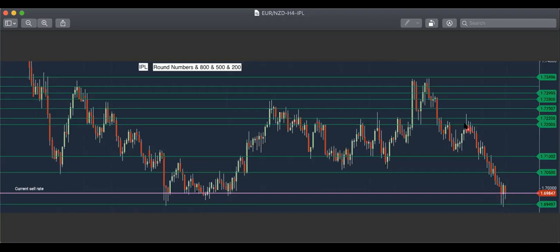So if you were selling the market down, you could take the profit exactly here, and you can see the price is coming down, so you can easily set one of your target profits here, and you can put the ultimate target profit here, which was retested before here. So this level is getting hit. That's why I'm saying the IPL can be used as entry, TP, and stop loss.